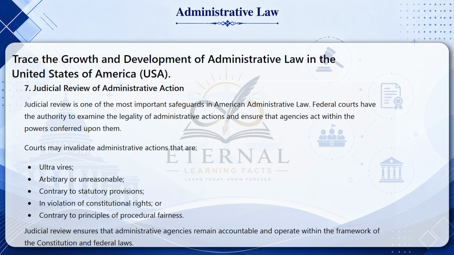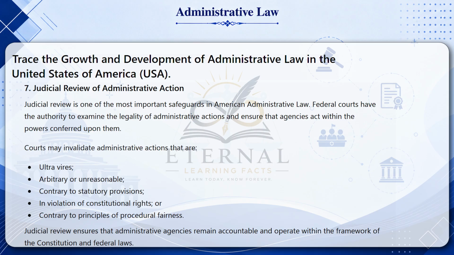Judicial review of administrative action. Judicial review is one of the most important safeguards in American administrative law. Federal courts have the authority to examine the legality of administrative actions and ensure that agencies act within the powers conferred upon them.